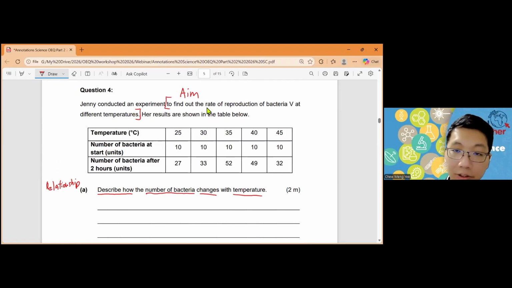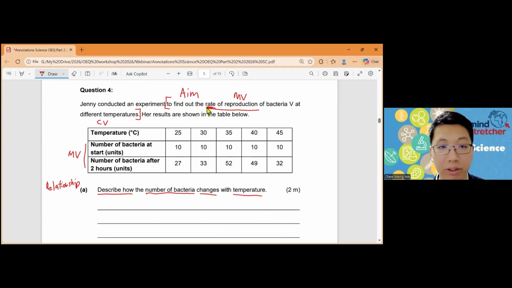The rate is what they want to find out, but to determine the rate, what they exactly measured is the number of bacteria after 2 hours. So this is the measured variable. At different temperatures means temperature has been intentionally changed for the experiment, so this is the changed variable: 25, 30, 35, and so on.